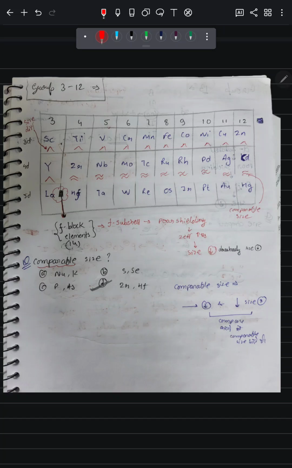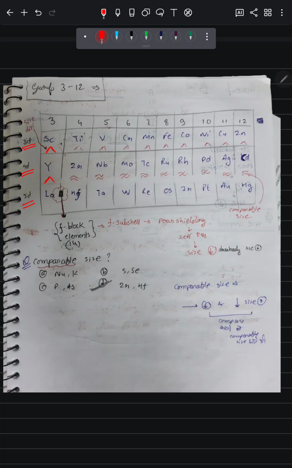Now let's talk about group 3 to group 12, which is the D block element. Here a 3D, 4D and 5D period are present. We know that if we go down the group, the size is increasing due to the addition of more electrons in the shells. So the size differences that can be seen here are Sc, Y, then La.